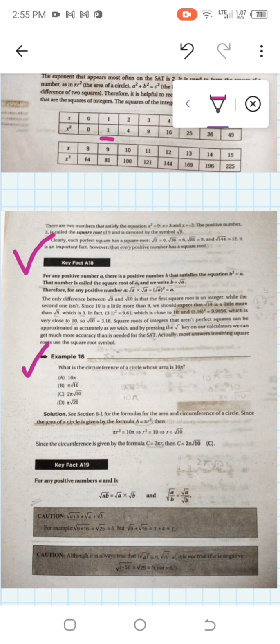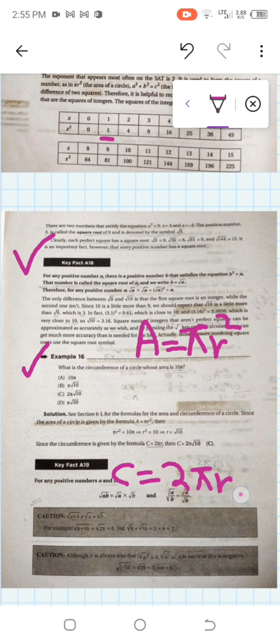Now we have to find out the circumference of the circle whose area we have as 10. First of all, the area formula is A is equal to pi r square, and the formula for circumference is c is equal to 2 pi r. But here the area is given, so that means pi r square is equal to 10.